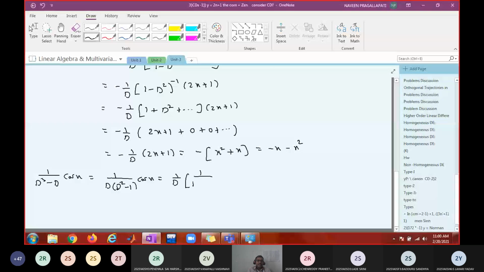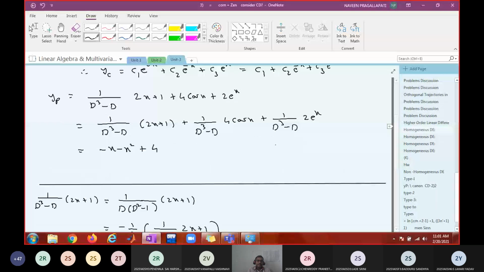Replace D square with minus 1 square, minus 1 cos x. That is minus 1 by 2. 1 by D means integration. Integration of cos x is sin x. So that is minus 1 by 2 sin x. Do you agree? Yes, sir.